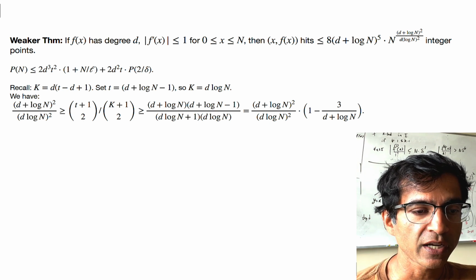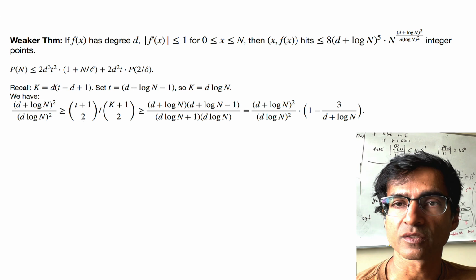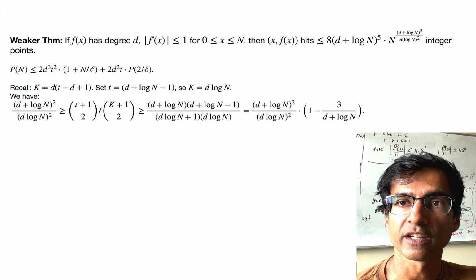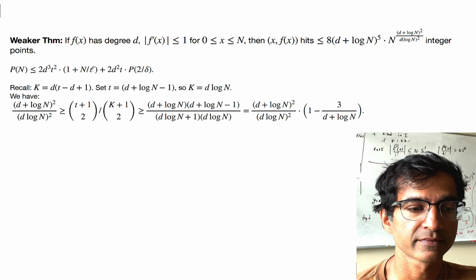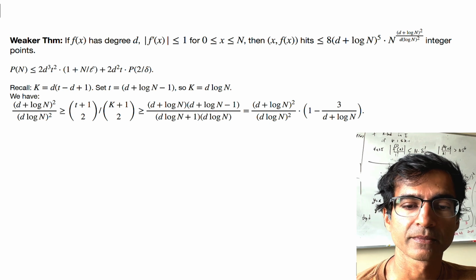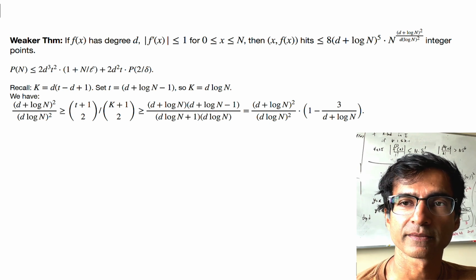After that setting, the ratio of these two binomial coefficients, which show up in many of the formulas, is more or less d plus log n squared divided by d log n squared, up to some lower error terms.